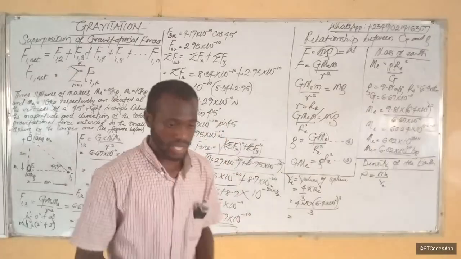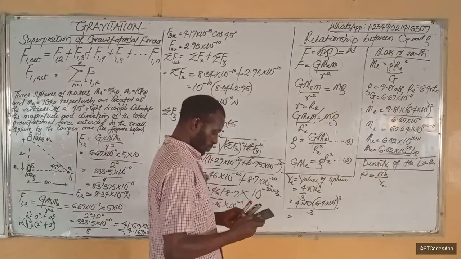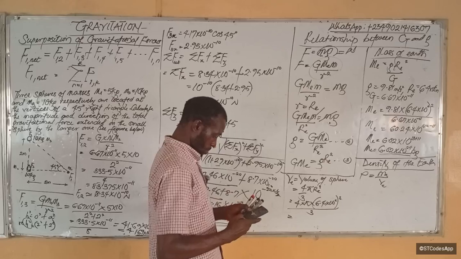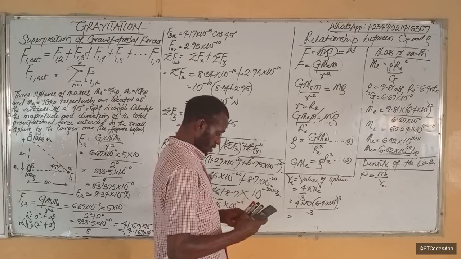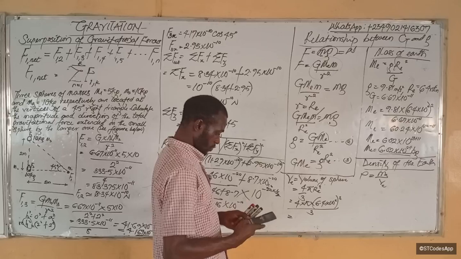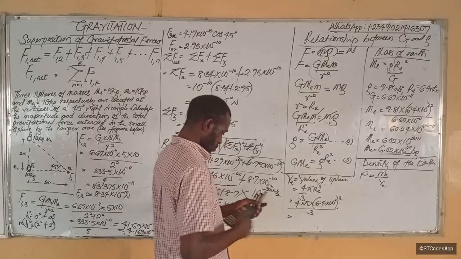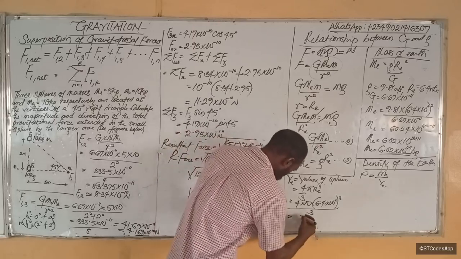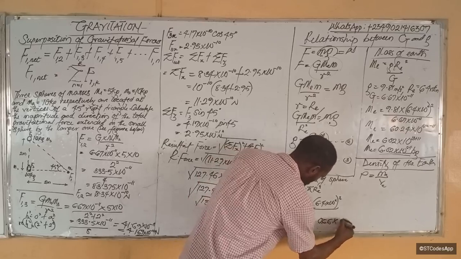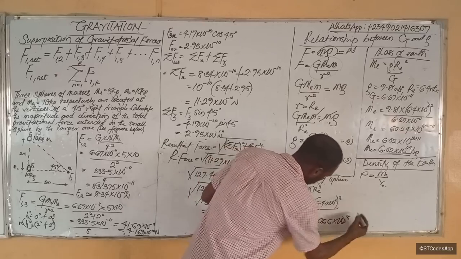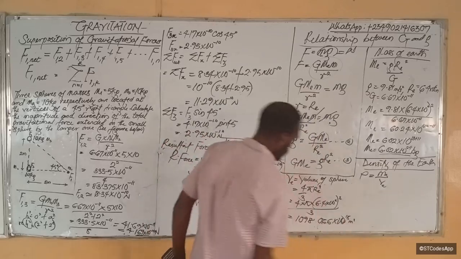So by the time we do this, we are going to get 4 times pi times 6.4 times 6.4 times 6.4, then divided by 3, is equal to 1098.066 times 10 to the power 18. So let's call this the volume of the Earth, in centimeters cubed.